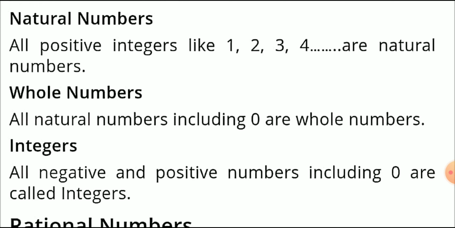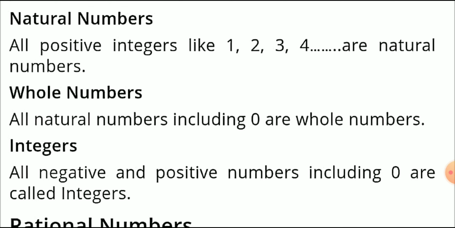Okay, so let's begin with the natural numbers. In earlier classes, in class 4th, 5th, 6th, you have studied natural numbers. Basically, what are natural numbers? Natural numbers are those numbers which are used for counting objects. Suppose you are going to start counting the number of pencils you have in your box. So how will you count?